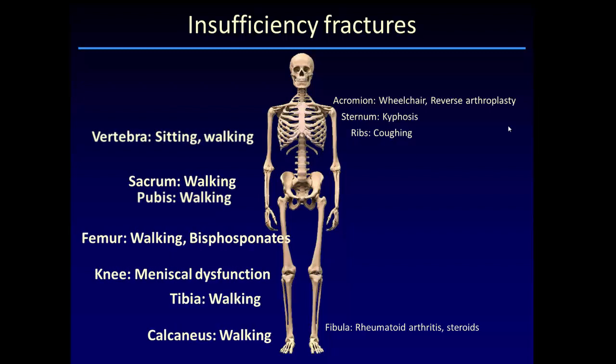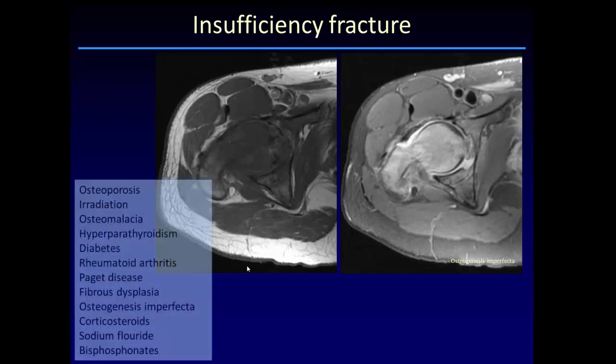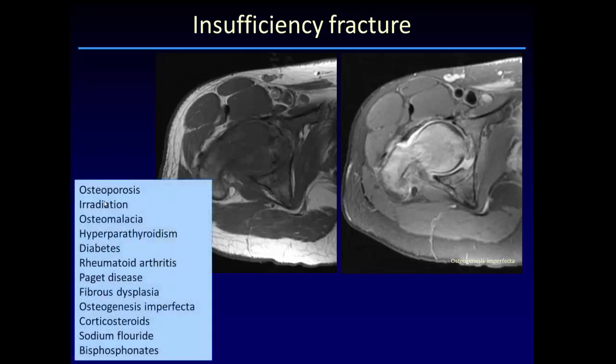Insufficiency fractures tend to involve the axial skeleton and the lower extremity. They are uncommon in the upper extremity, and the common causes I have listed here with the activities that are related to them. There are a number of different disorders that are associated with insufficiency fractures.